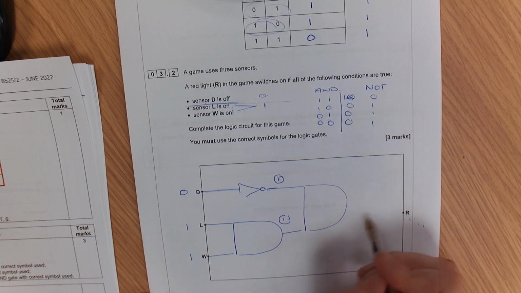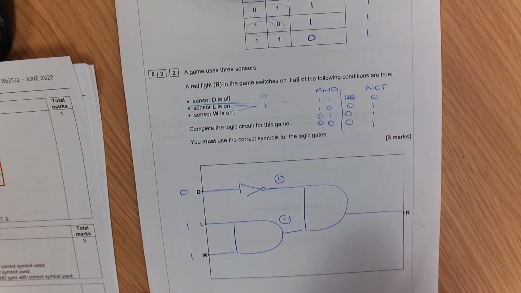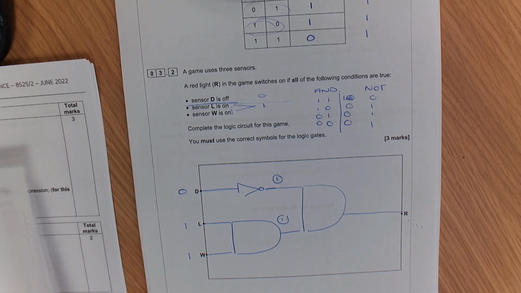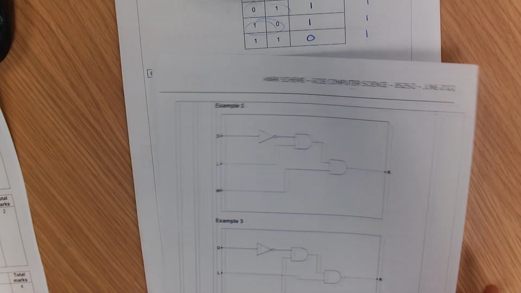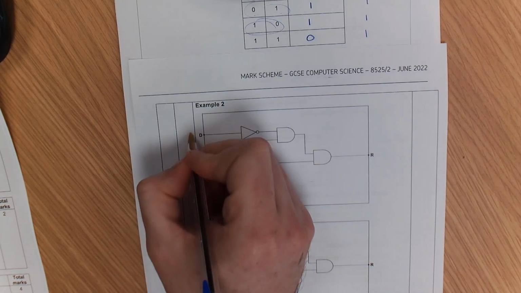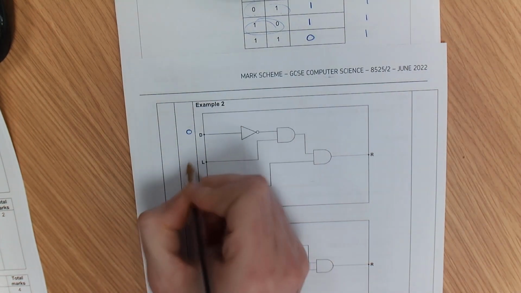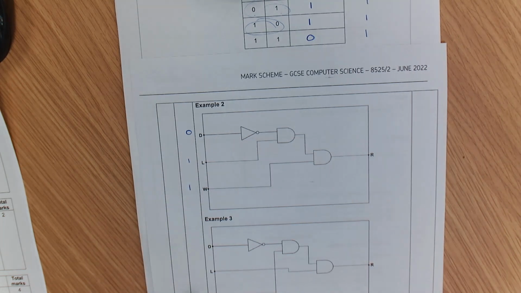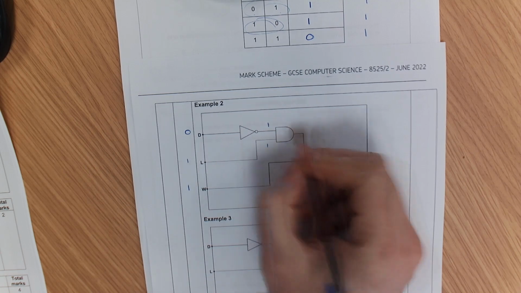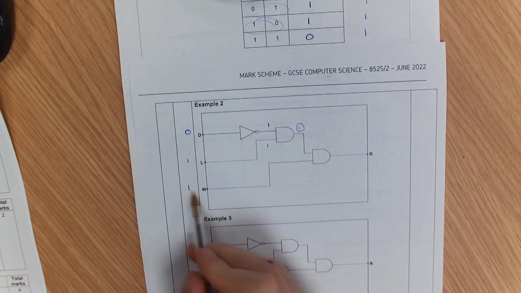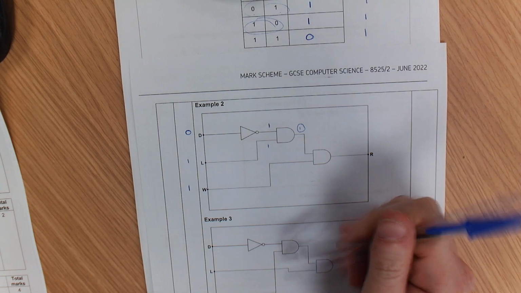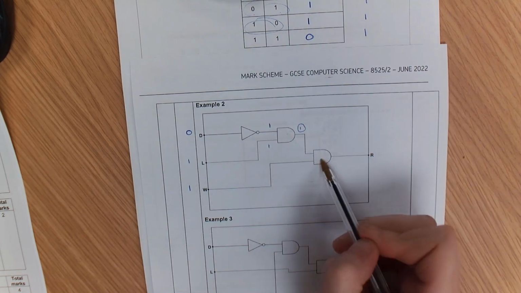Now, that doesn't mean that your way of doing it is wrong. I'm going to show you some other ways of doing it on the mark scheme. So, if this was off and this was on, let's follow it. That would have been a 1. That would have been a 1, so therefore the output of that is 1. It's just that I've switched the order around and I've joined the AND gate up here instead of here.